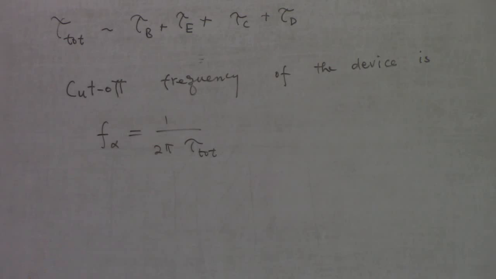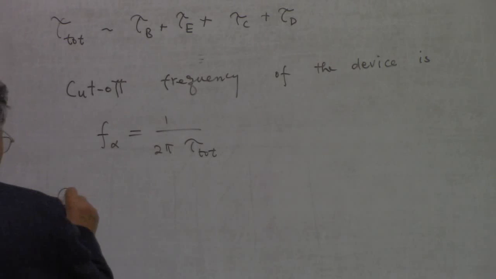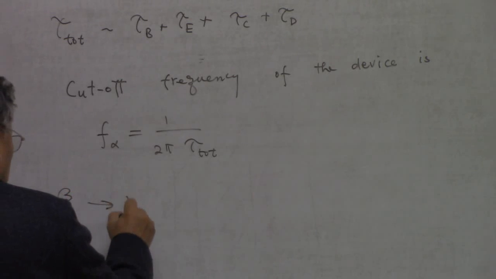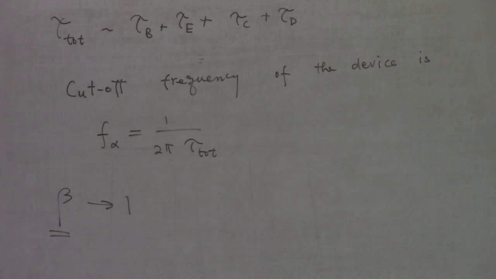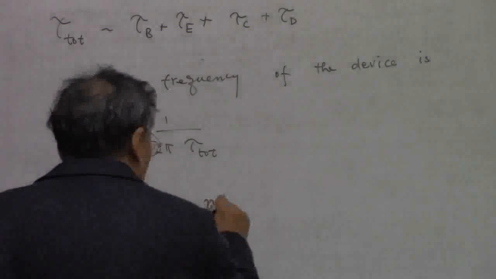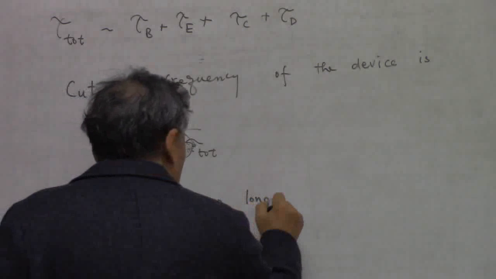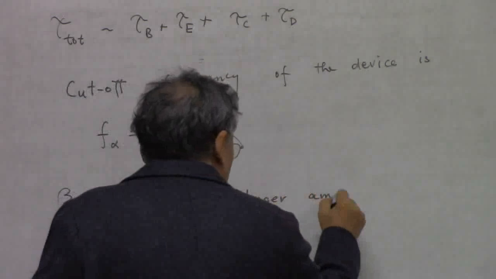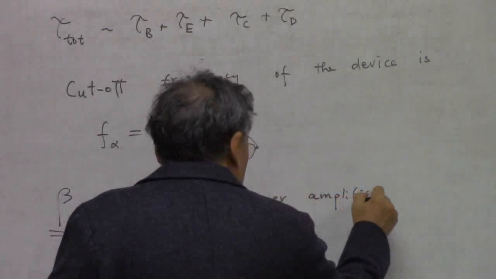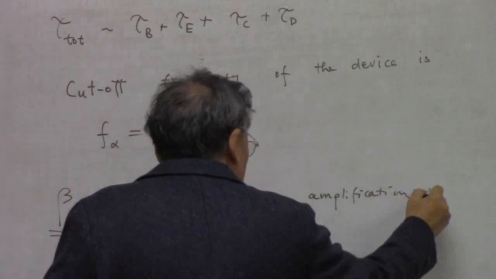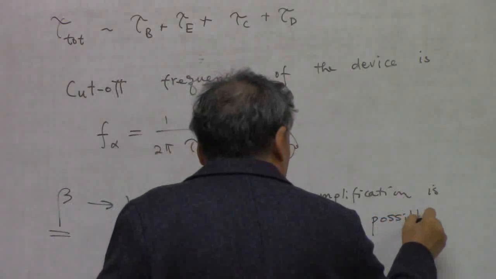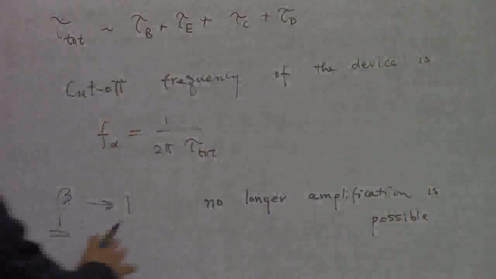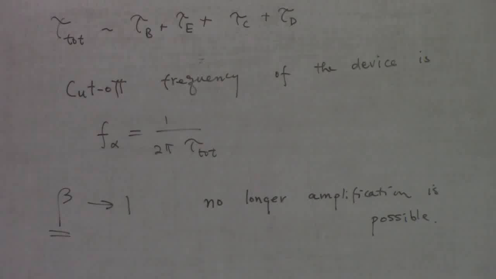This is the frequency at which beta becomes 1 and the device is no longer usable as an amplifier. No amplification is possible. That's the limit of the frequencies we can use for bipolar transistors.